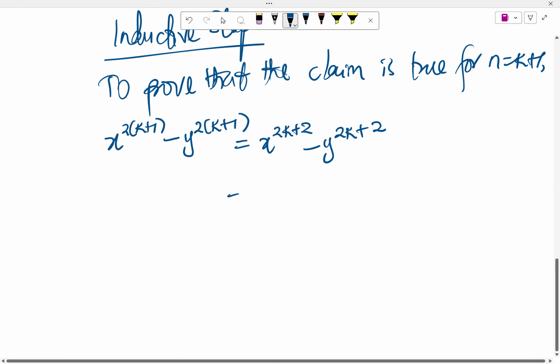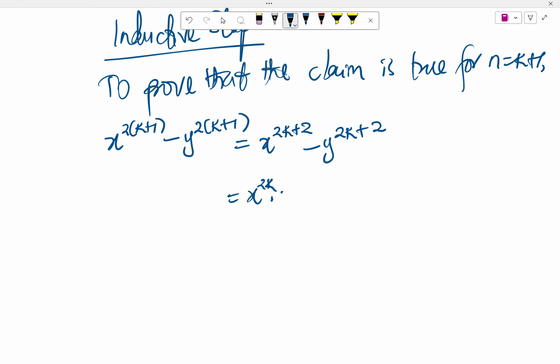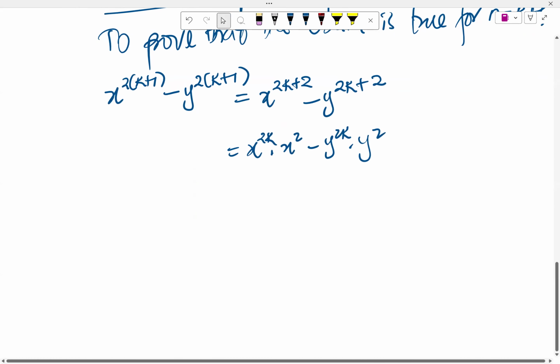So that is also to say that you have x raised power 2k multiplied by x squared minus y raised power 2k multiplied by y squared. All right, so we have what we have here, right?